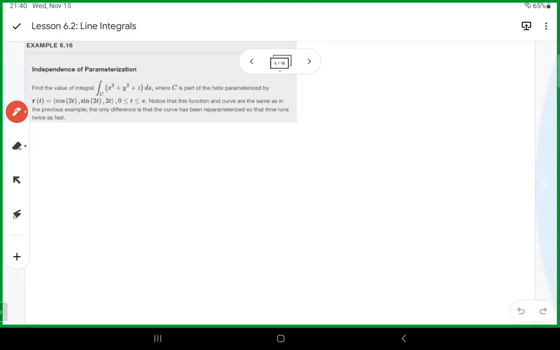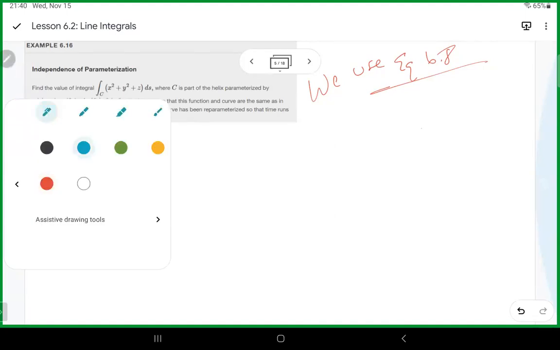Okay. So as in the previous example, we would use equation 6.8 to get us to be within one variable of just t.